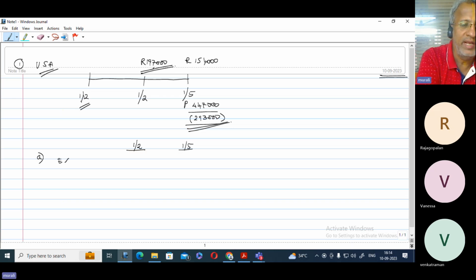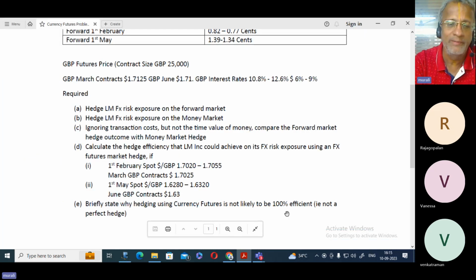You just take up or note down the exposure: 197,000 pounds and 293,000 pounds, and the forward rates.